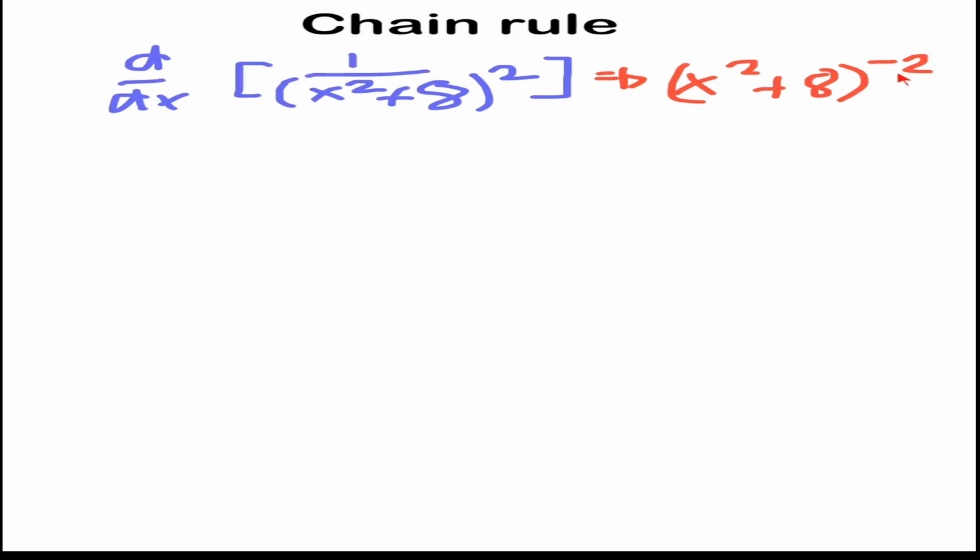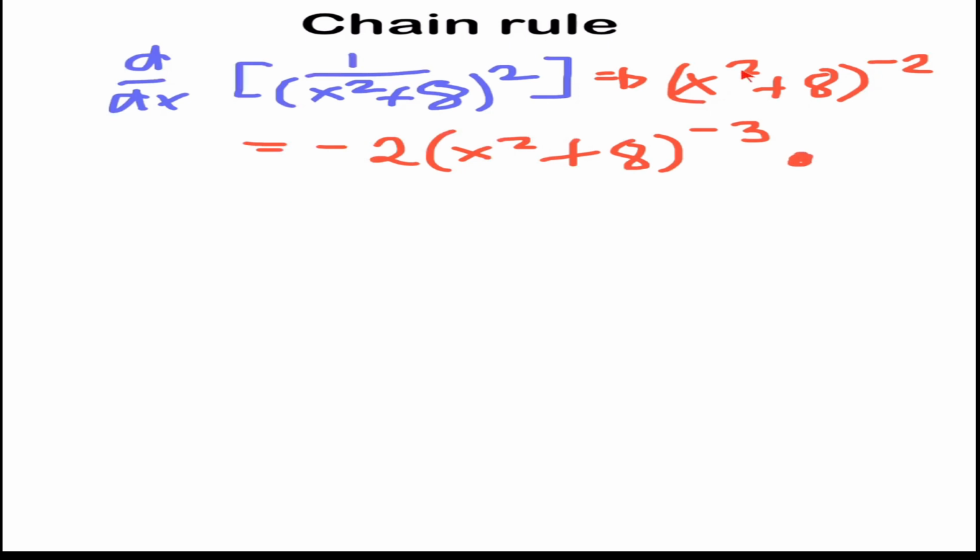So again, let's bring down negative 2, then copy what is inside, which is x squared plus 8 raised to negative 2 minus 1 is negative 3, multiplied by the derivative of the inside.